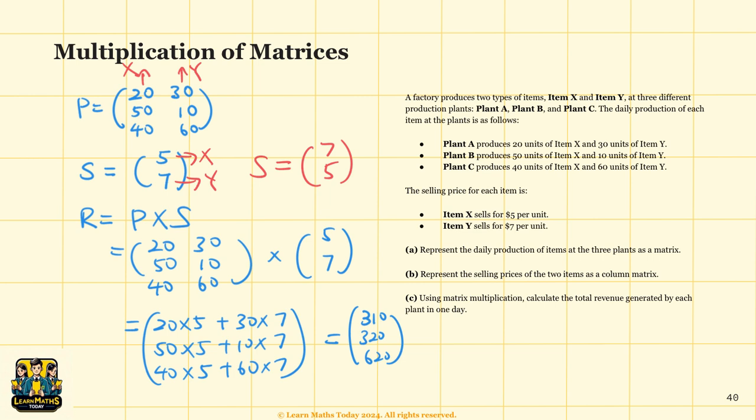You will be multiplying wrongly, because instead of 5, 7, you get 7, 5. You will get a very different answer because now you have mistaken the values of X and Y.